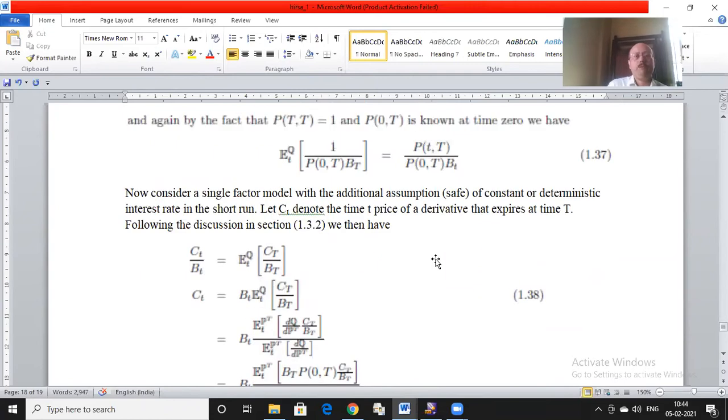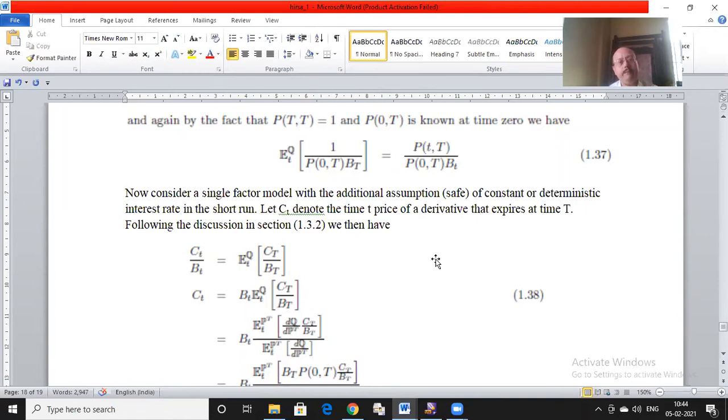Okay, so this is the general structure so far, but I can make some additional assumptions to make it slightly simpler. So let's consider a single factor model. We discussed the single factor model last term, where we said that the same source of uncertainty drives all the stock prices and bond prices in the market. So there is only one single source of uncertainty. That was a very simple model, and under that assumption, we derived a lot of nice results.